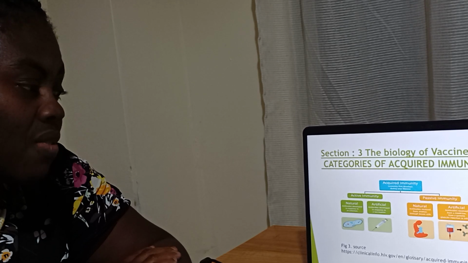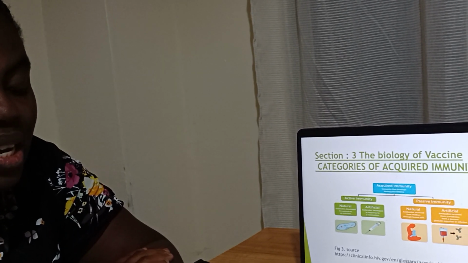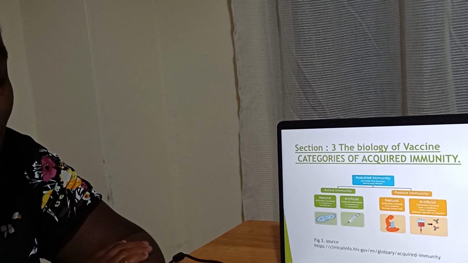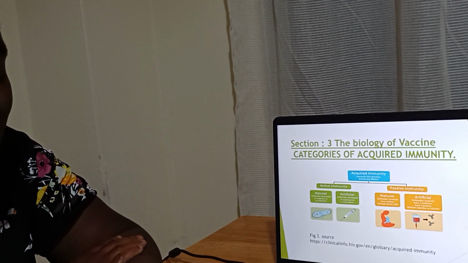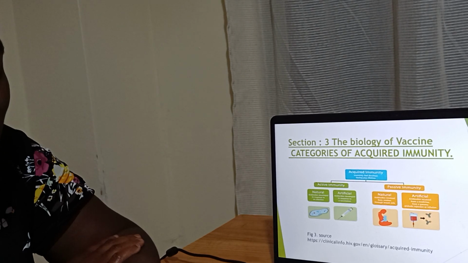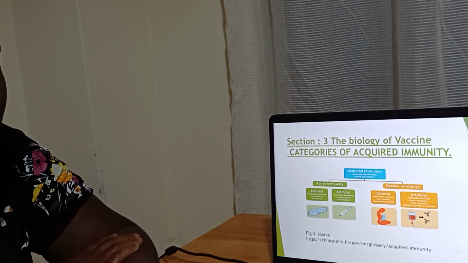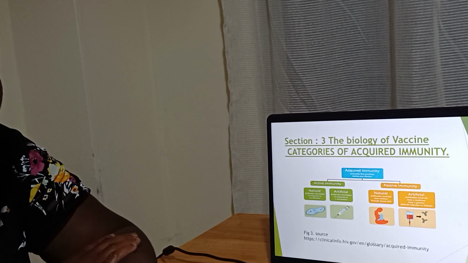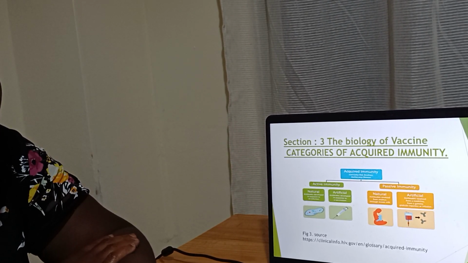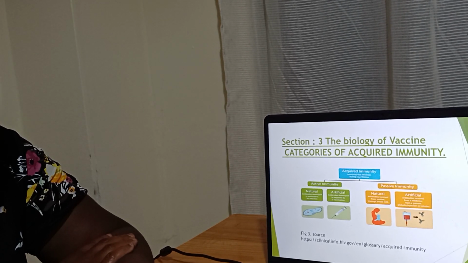And with passive immunity, we also have natural and artificial. Natural active immunity occurs when a person is exposed to a pathogen such as bacteria or a virus, and the immune system responds by producing specific antibodies and memory cells to fight off the infection. For example, recovering from chicken pox typically results in lifelong immunity to the disease.